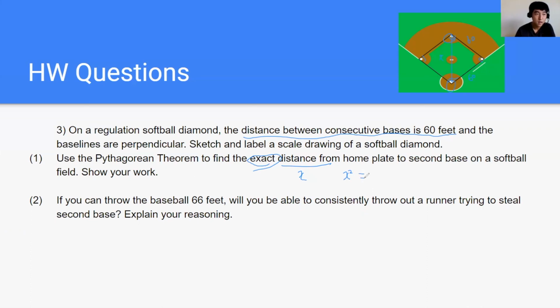So we're going to set the equation like this: x squared equals 60 squared plus 60 squared, right? And then 60 squared is 3,600.